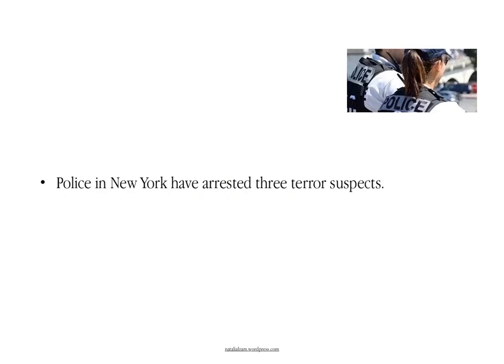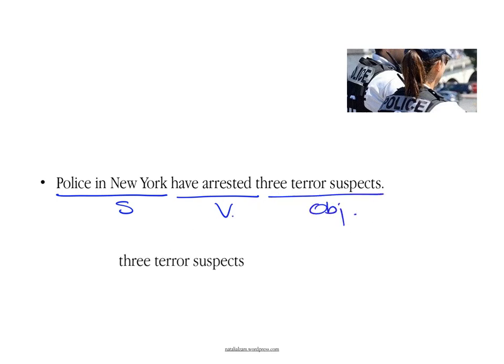Another example, police in New York, that's the subject, have arrested, verb, 3 terror suspects, that's the object. So, now the object becomes the subject, 3 terror suspects. The verb needs to be different. If we have the present perfect here, so we need to use the present perfect of the verb to be.